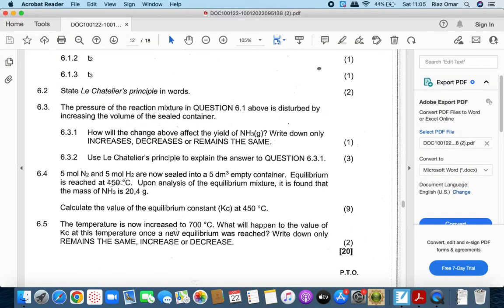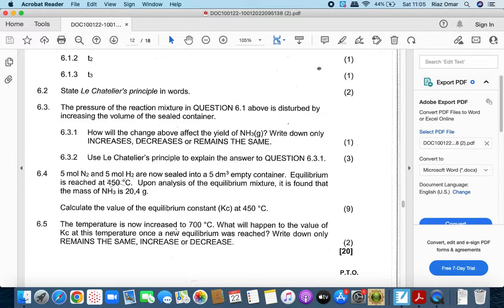6.4. 5 moles of N2 and 5 moles of H2 are now sealed in a 5 dm cube container. Equilibrium is reached at 440 degrees Celsius. Upon analysis of the equilibrium mixture, it is found that the mass of the NH3 at equilibrium is 20.4 grams.